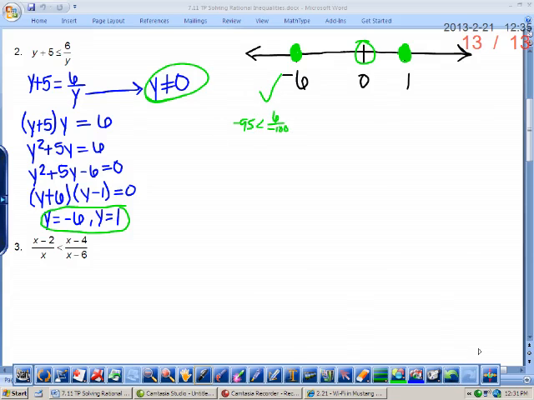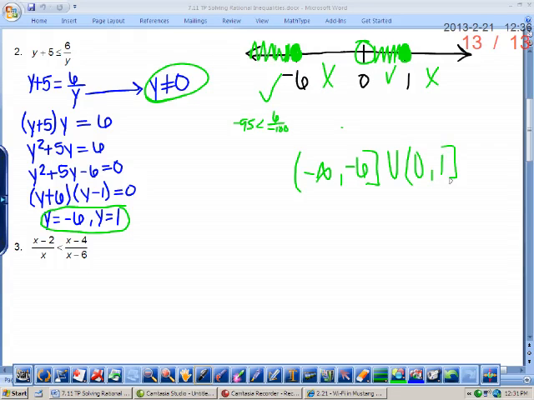Okay, what about between -6 and 0? Nope. 0 to 1? And 1 to infinity? Is it always going to alternate like that? No. Make sure you rewrite your answer as an interval.